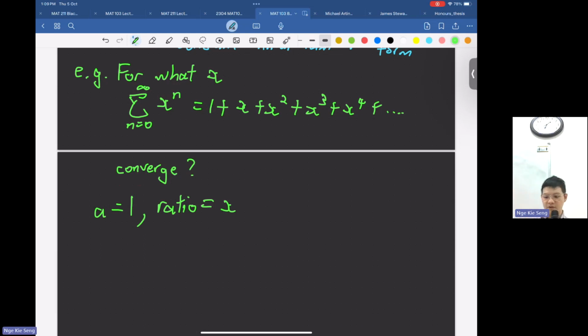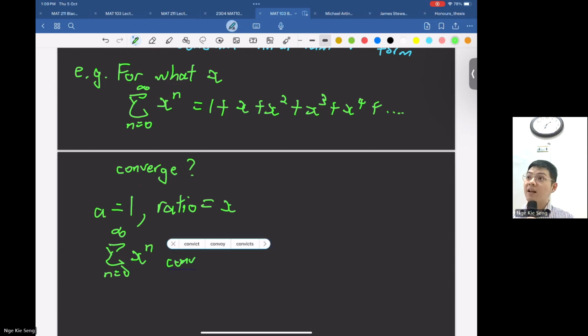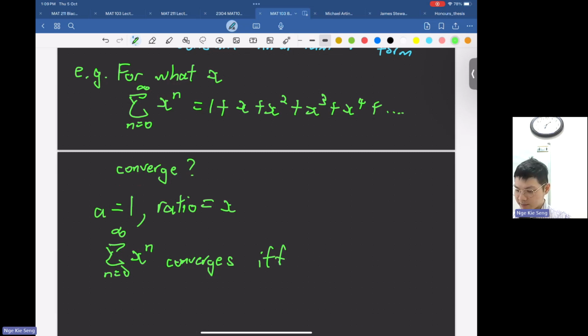So when does the geometric series converge? When the absolute value of the ratio is less than 1. So it converges as a geometric series.